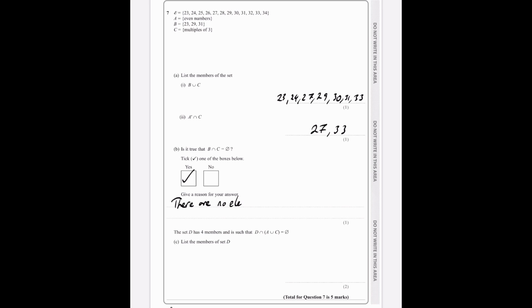The intersection of B and C is the empty set. That is true because there are no elements that are in both B and C. It's either in one or the other, but nothing in both. Words to that effect that show you understand that will be fine. And lastly, the remaining elements of the universal set that are not in A or C are 23, 25, 29 and 31.